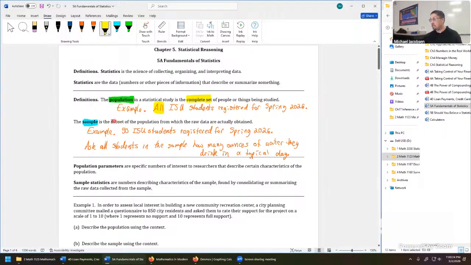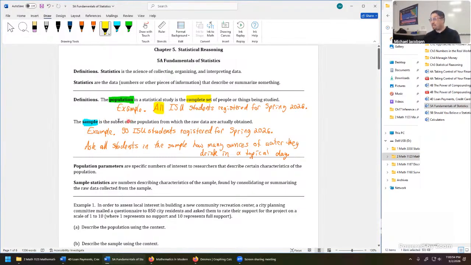A sample is a subset of the population. What we mean by subset, that's a technical math term already. All we mean is the sample came from the population in the very first place. So if we have a sample of 50 from this population, they have to all be ISU students. Maybe some of them could be, I don't know if that's possible, dual enrolled in a different campus.